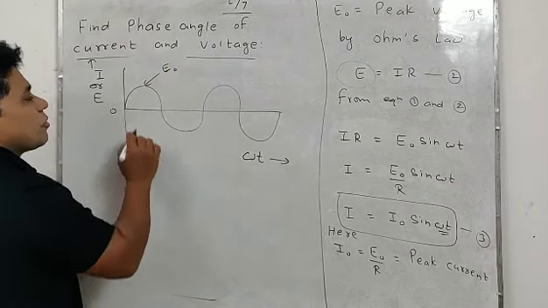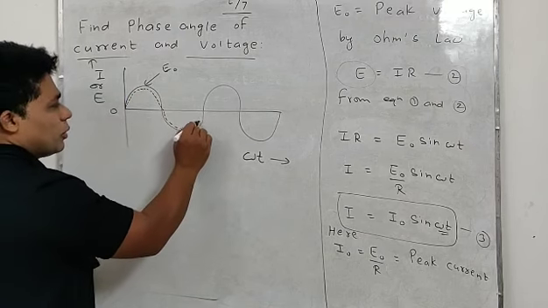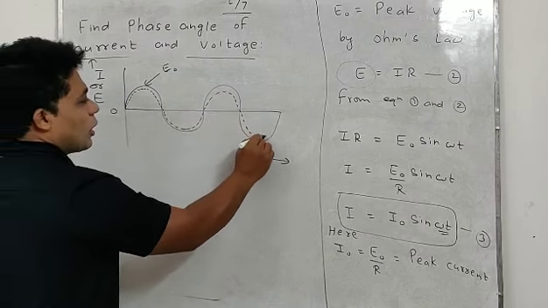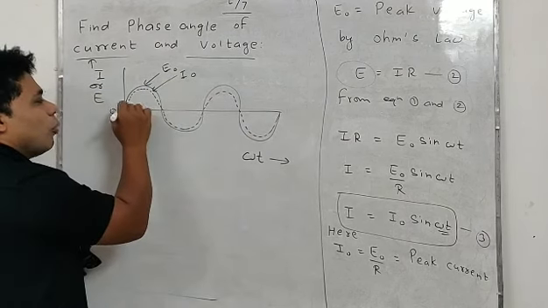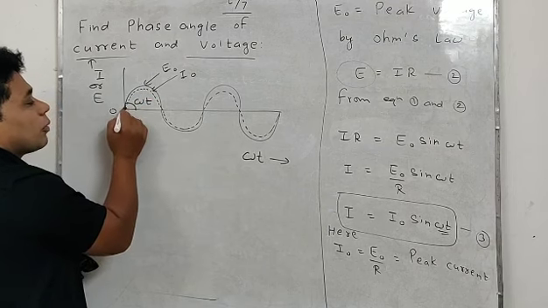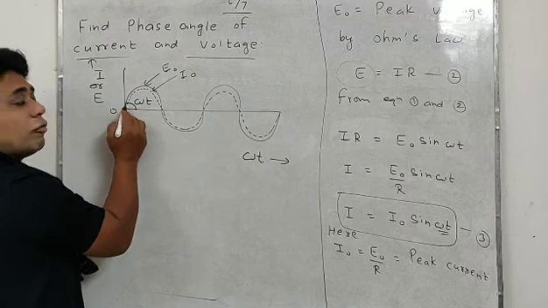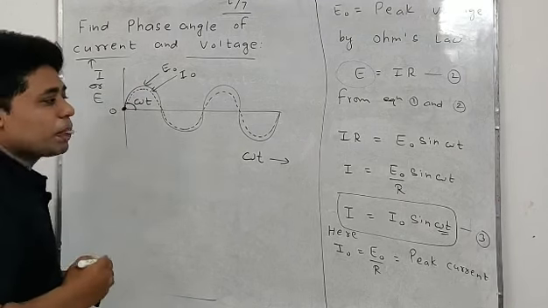Suppose that is the peak EMF, and the same graph with the same starting point, the dotted graph, will represent the peak current. Both have the phase angle omega t. This is the point where both graphs start.